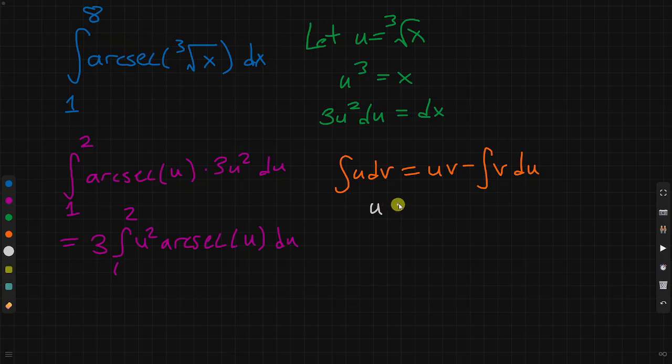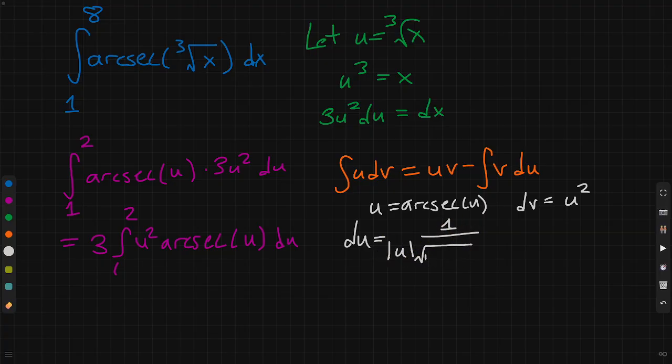We can make u equal to the differentiable one, so arcsecant of u, and dv equal to the u squared. Taking the derivative of arcsecant of u to get du, it is equal to 1 over the absolute value of u times the square root of u squared minus 1. And integrating dv to get v, we get v is equal to u cubed over 3.